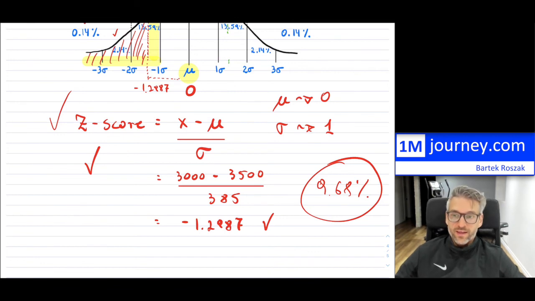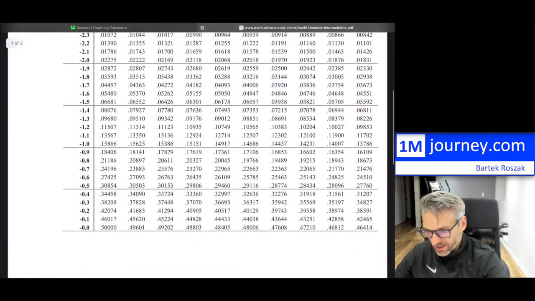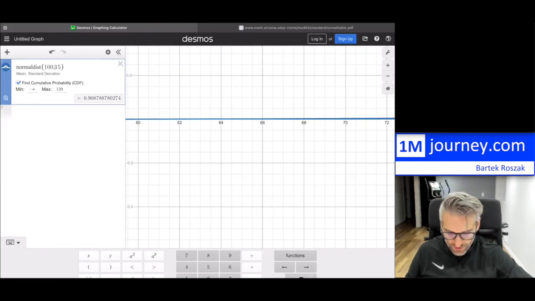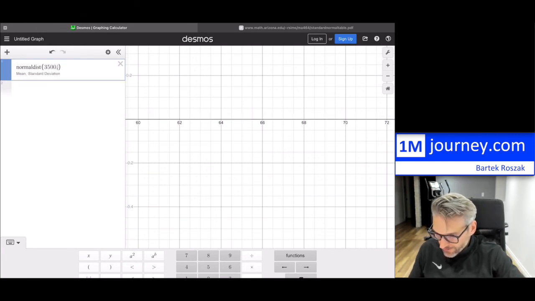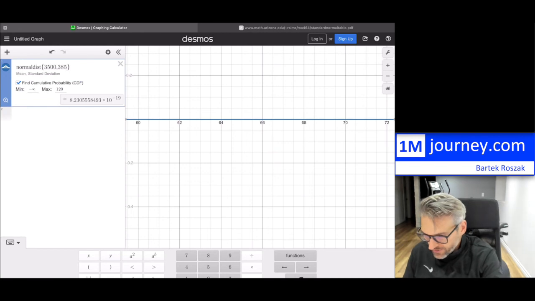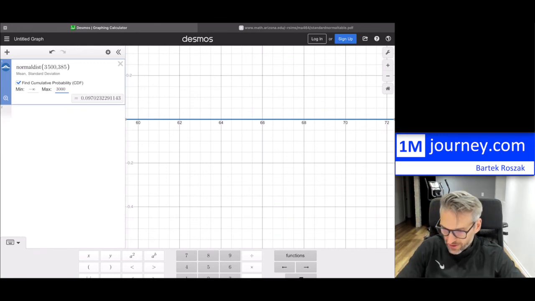Now, again, if I pull Desmos back up, let me change this. This is 3500, 385, and I was looking for 3,000, and there you have it. So about 9.7%, right?